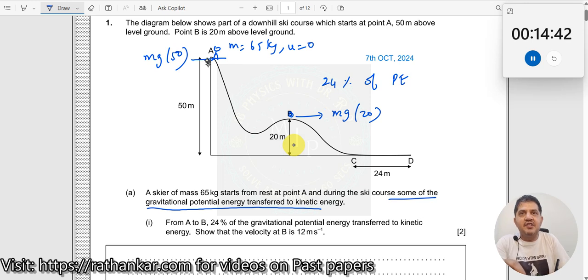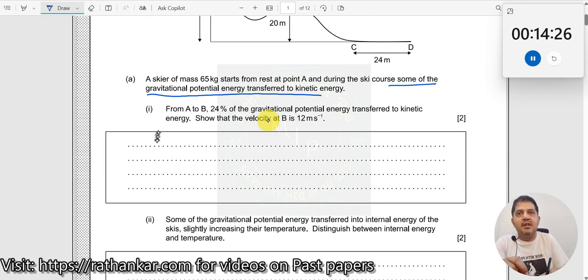So how much potential energy has he lost from A to B? Subtract: mg times 30. This is the potential energy the skier has lost from point A to point B, which should get converted into kinetic energy.